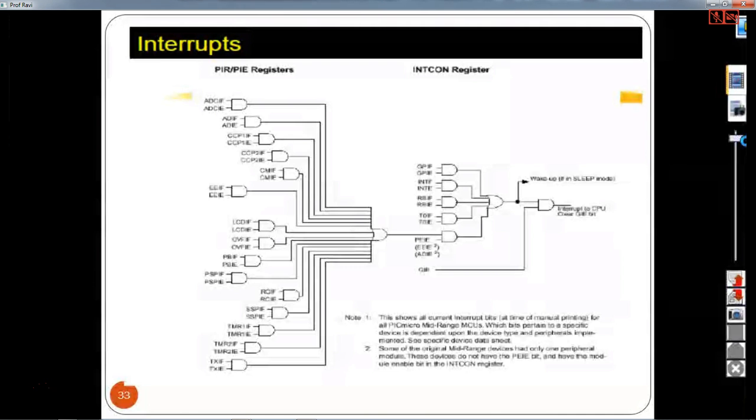So bank 0, bank 1, bank 2 and bank 3, each is of 128 bytes. So 128 into 4. And coming to the stack, you have 8 levels of stack available.